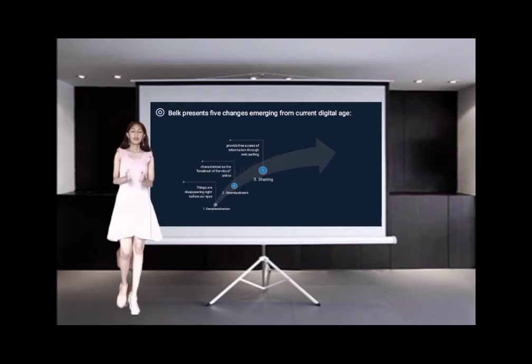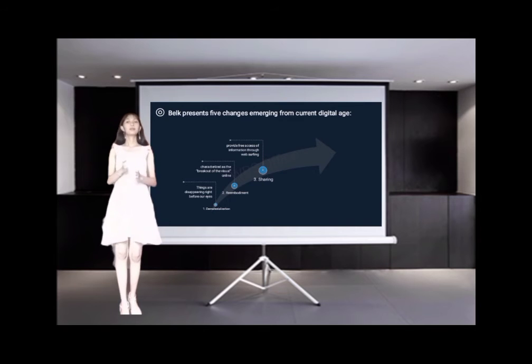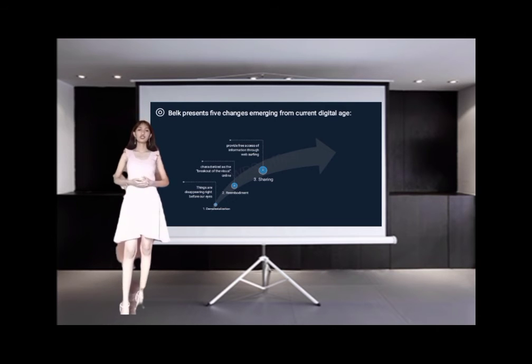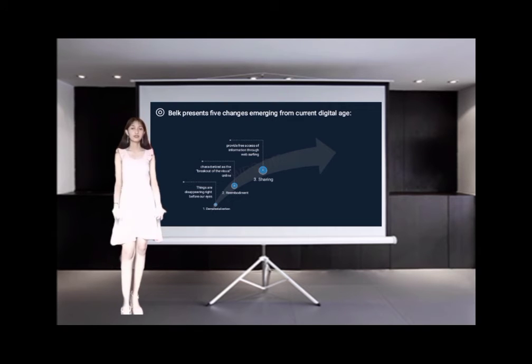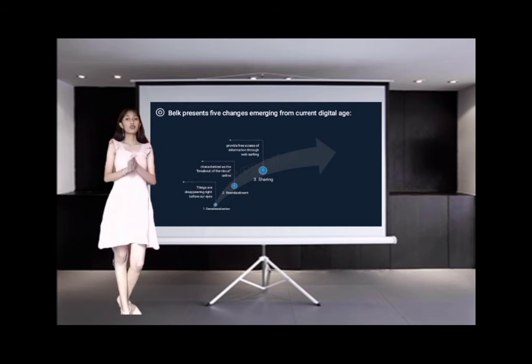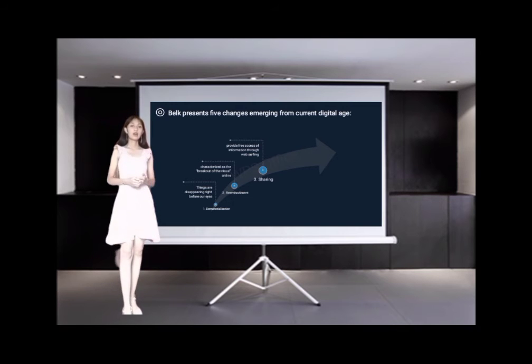Sharing. Uploading, downloading, sharing, and etc. provides free access of information through web surfing. How does sharing of possessions online enhance our individual and aggregate sense of self? The Internet is described by Belk as being a cornucopia of information that anyone can access, mostly for free.